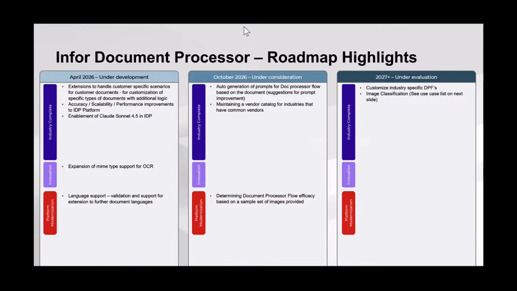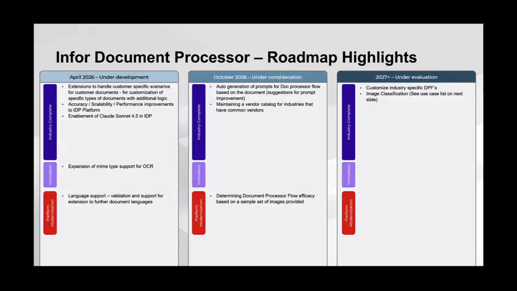Lastly, I just wanted to have the roadmap highlights here for April 2026, October 2026, and then 2027 and beyond. We have different components of document processor flow, like enabling the newest versions of Claude Sonnet, which is the GenAI backend LLM that we're using for extraction.